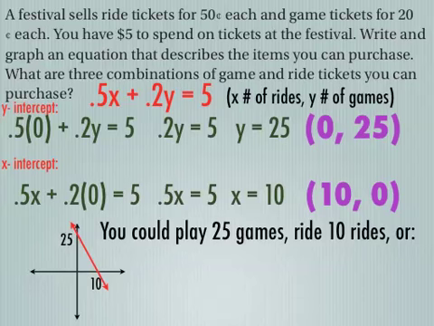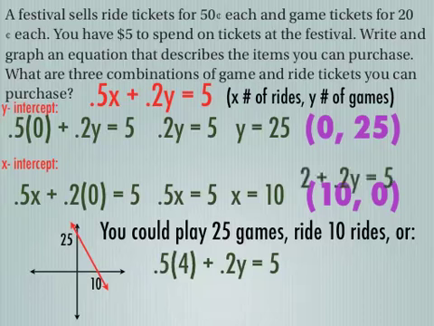So I chose to plug in 4 for x. That means that I would be riding 4 rides. When I plug in 4 for x, 0.5 times 4 is 2, plus 0.2y equals 5.